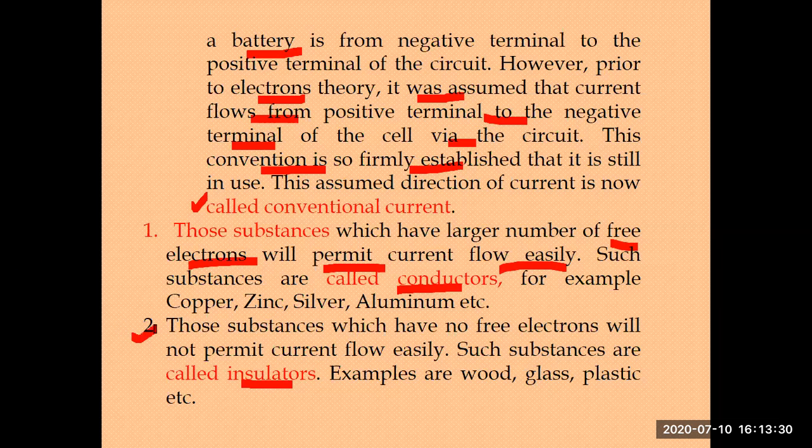Now the other type is the insulator: substances which have no free electrons and do not permit electric current to flow easily are called insulators, for example wood, glass, and plastic. Nowadays, top research is under way in labs, with people trying to find reasons and solutions for passing electric current through insulators.